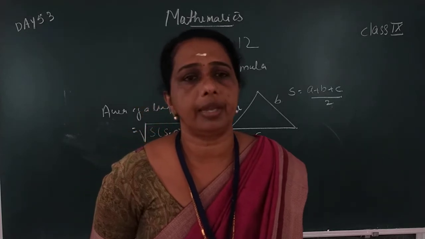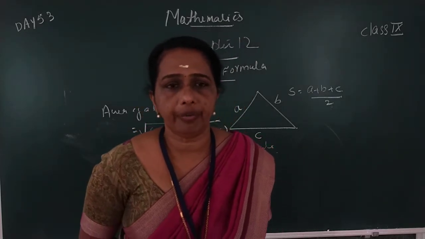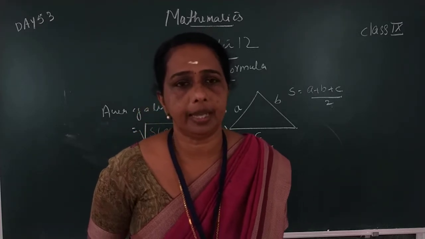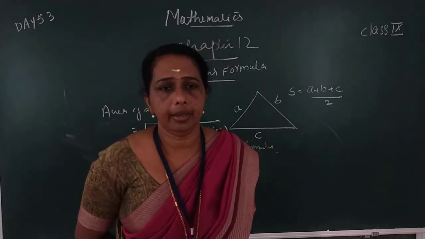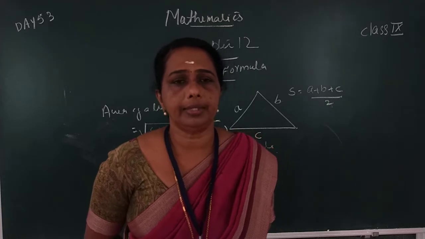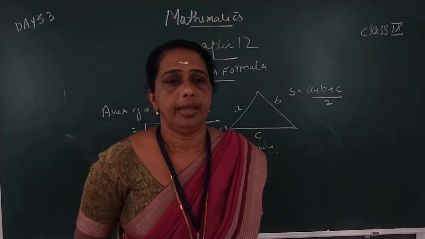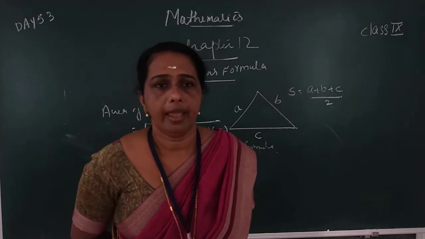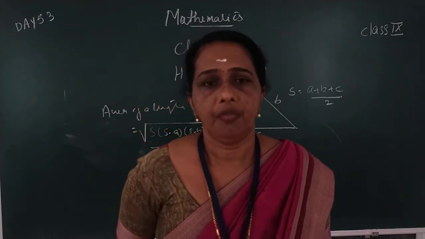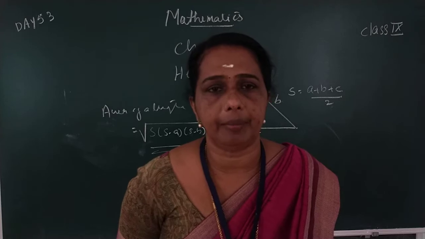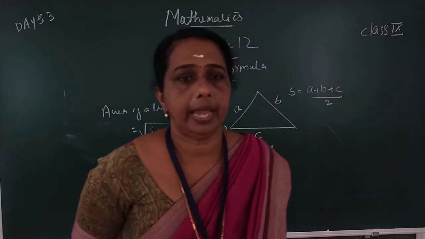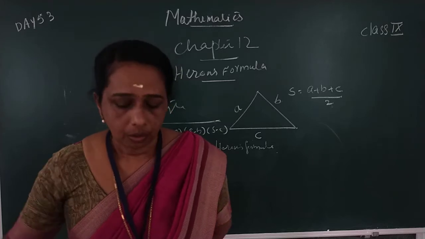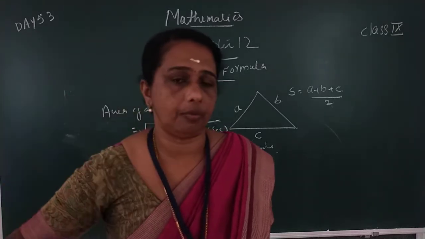Using that formula we can find out the area of a triangle if the three sides A, B and C are given. Then area is equal to root of S into S minus A into S minus B into S minus C, where S is equal to semi-perimeter, that is A plus B plus C by 2. Using this formula we can find out the area of the triangle.